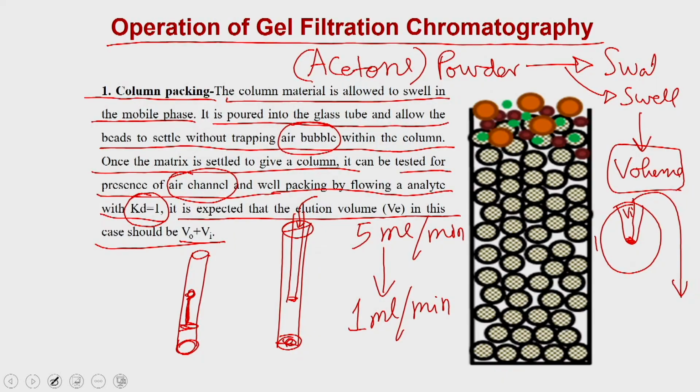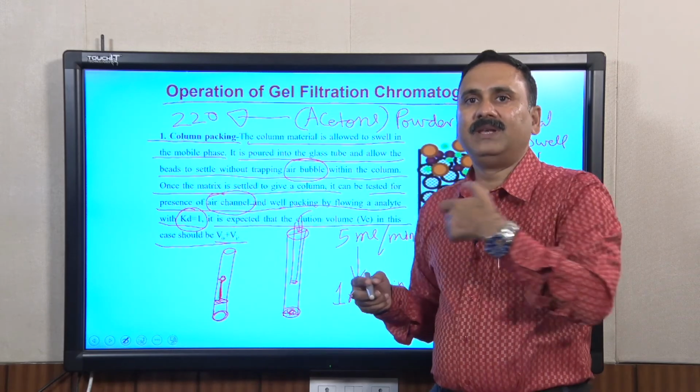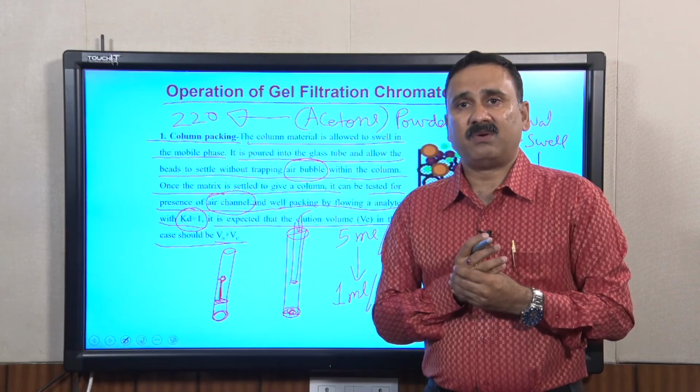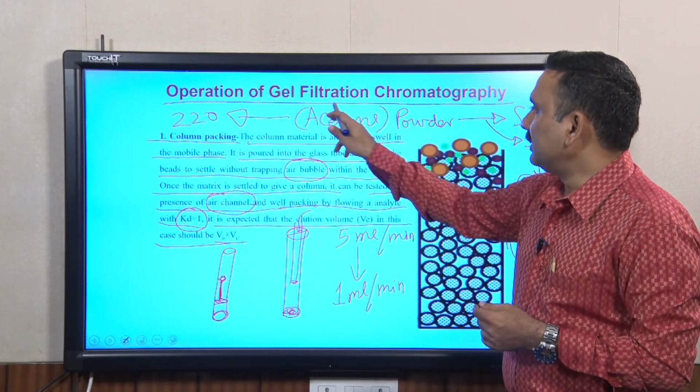The acetone will sit at the bottom of this particular pore, and compared to water, acetone absorbs very strongly at 220 nanometer, which is the absorbance for most of the aliphatic compounds, the compounds which contain carbon-carbon bonds.